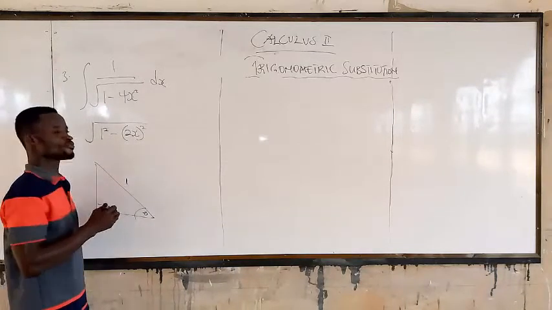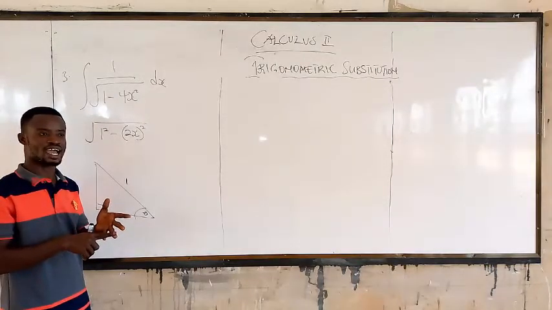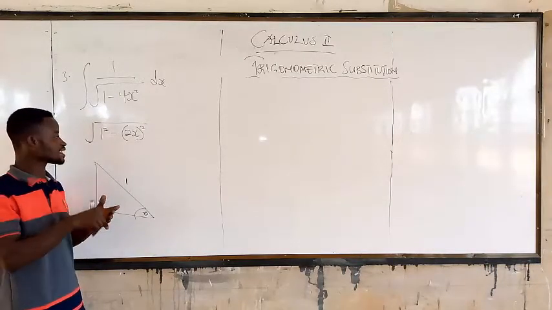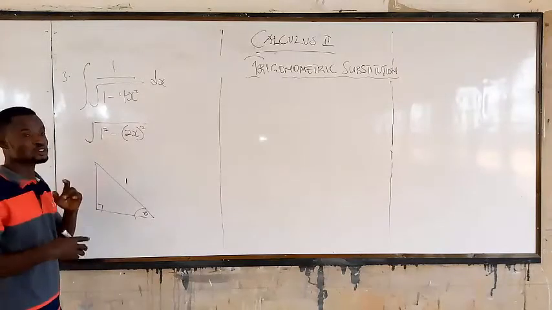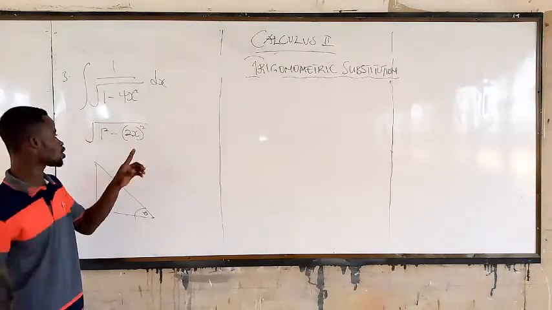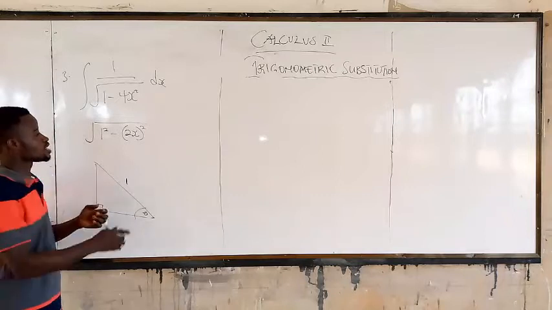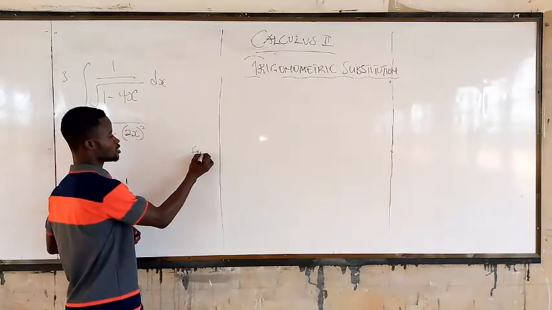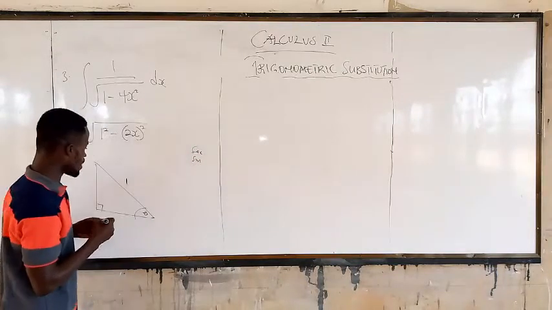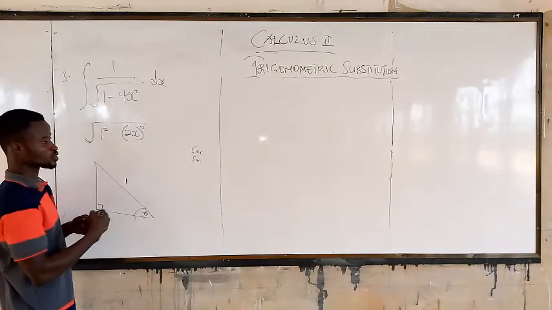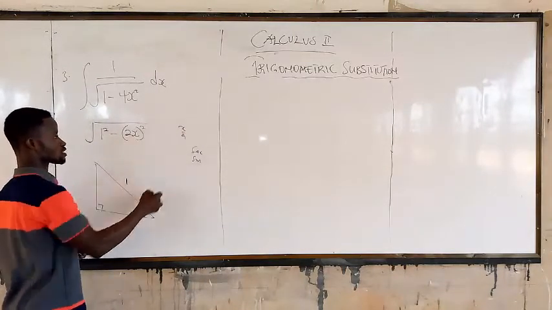Now, with sine, sec, and tan, which one is going to help us? We know that tan is out because here is negative. Sec and sine, which one is going to help us to get a variable over a constant?